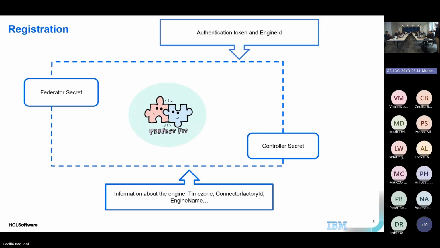If the secret of the controller matches the one on the federator, it generates an authentication token and also an engine ID. The authentication token is stored by the controller for future requests, and the engine ID is a unique identifier for the engine. We will see later that this engine ID is also useful for performing REST API version 2 calls on the federator's worker.